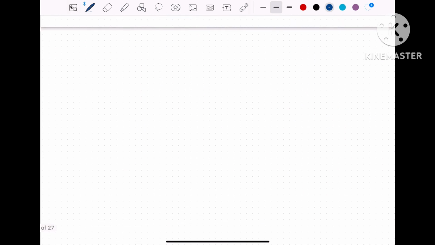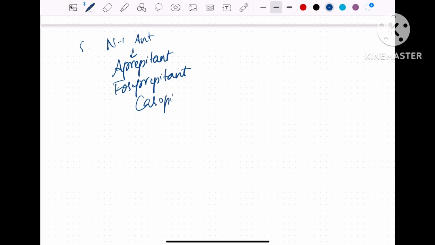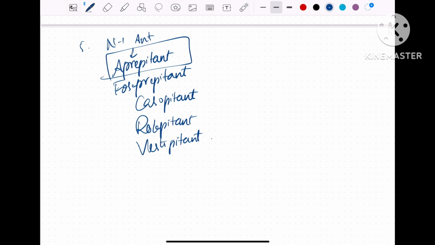The other group of drugs are neurokinin 1 receptor antagonists. These are aprepitant, fosaprepitant, casopitant, rolapitant, and vestipitant. Aprepitant is available as a 40 mg oral capsule.